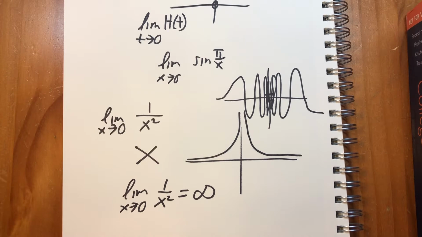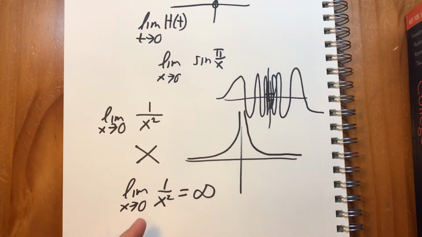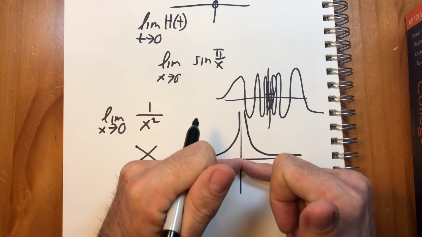Note that this does not mean that infinity is a number, and it does not mean that this limit exists. Rather, it indicates a particular way that the limit does not exist, which is that 1 over x squared can be made arbitrarily large by getting x closer and closer to 0.